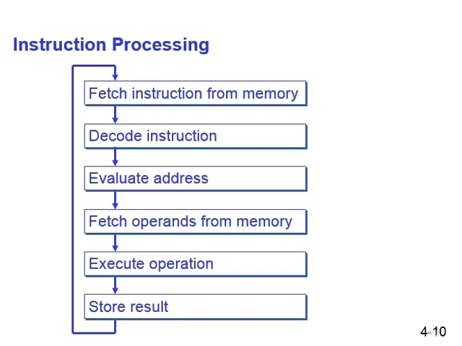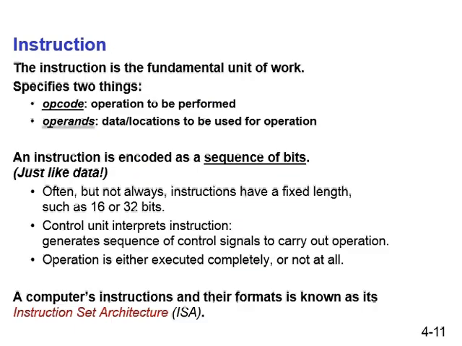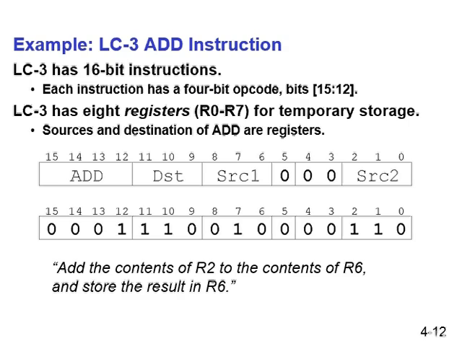Over here, we have instruction processing. You have 6 different phases, and when you study instructions, you have the opcode and operands. For example, here we have the ADD of the LC-3 as an instruction.